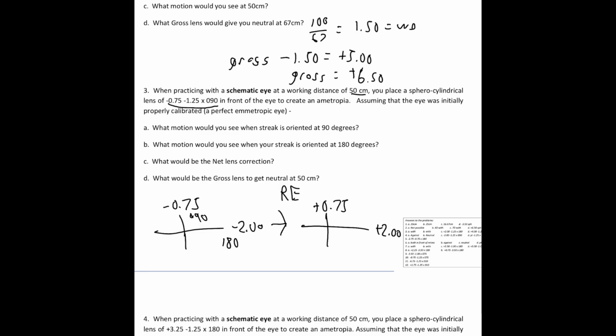Now I want you to be very careful with this, because once you flip the signs, your axis is going to change. The reason for that is our axis is always named after the least minus or the most plus meridian.